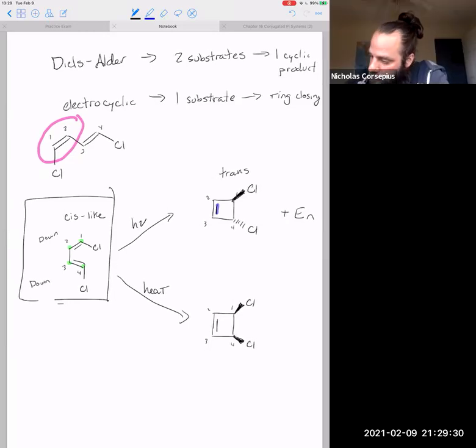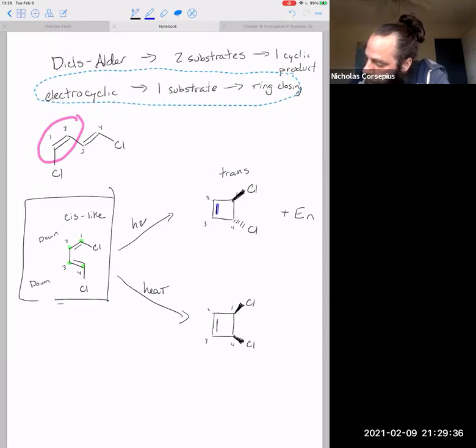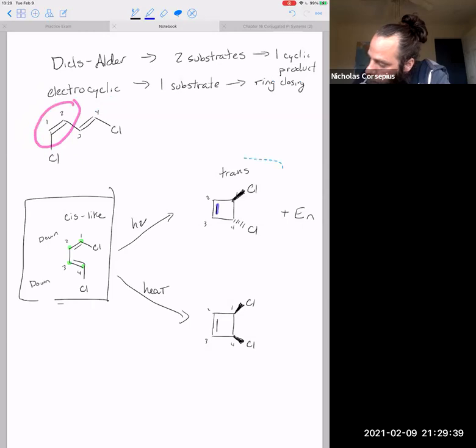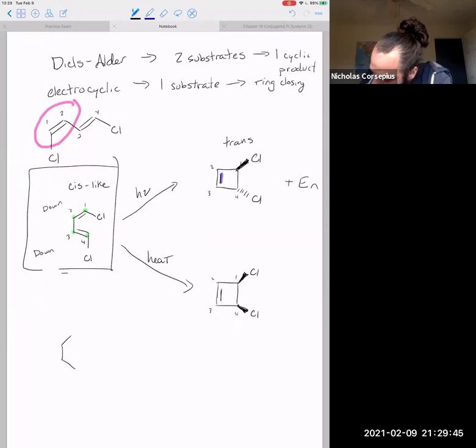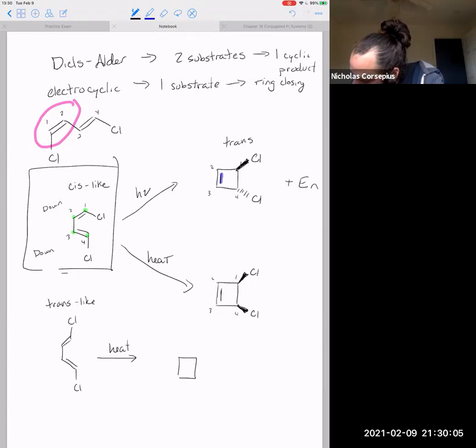Yeah. So if we wanted to do the other example, I'm getting real messy running out of room here, but let's see if we can squeeze it in. If instead we started out with the trans and we had heat, we would expect there to be no change, so trans would lead to the trans product.